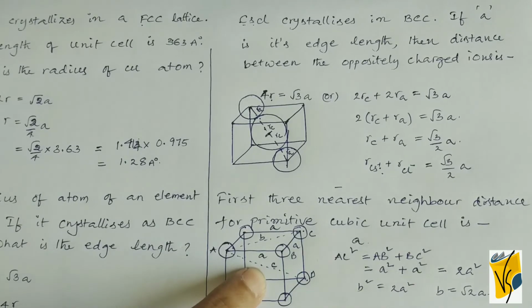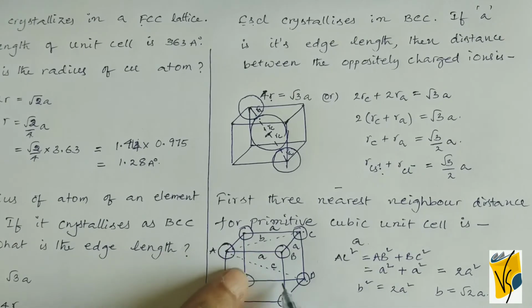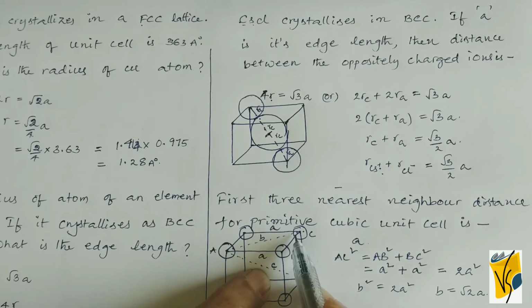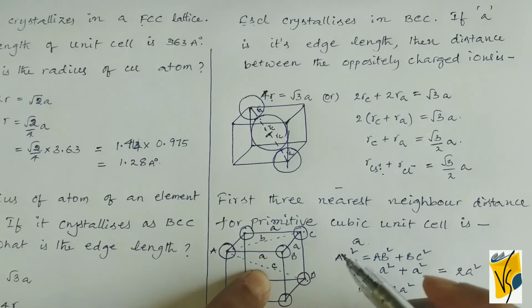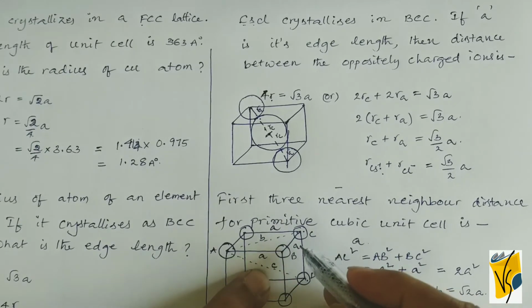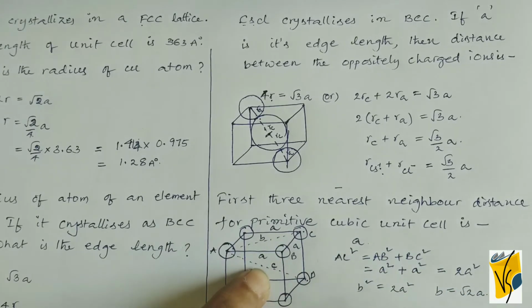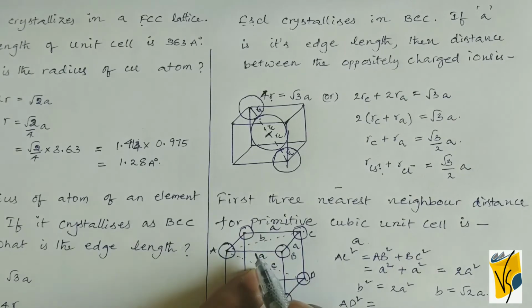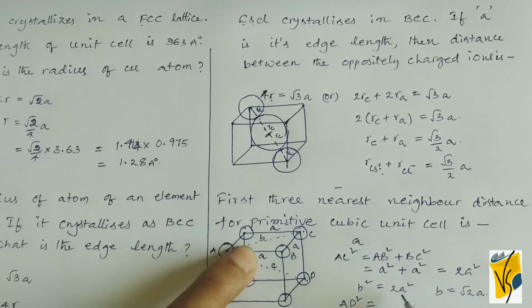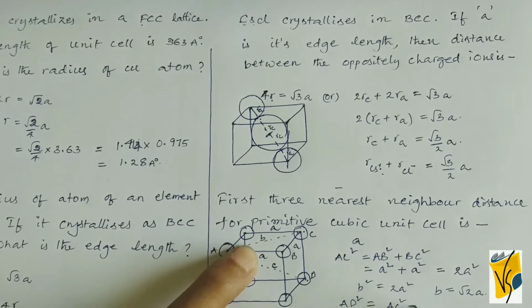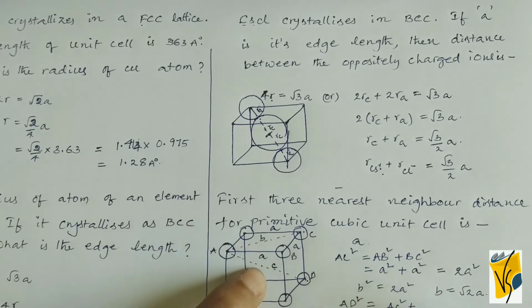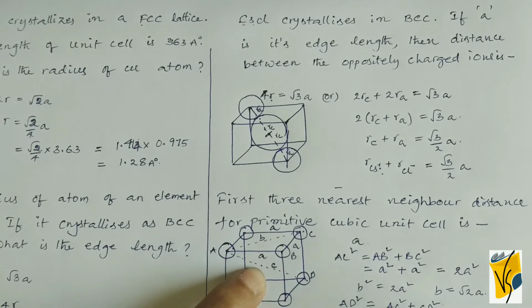So let us say the body diagonal length as C, right? So again this ADC is a right angle triangle, so that is why the body diagonal length AD square is equal to AC square plus CD square, right?